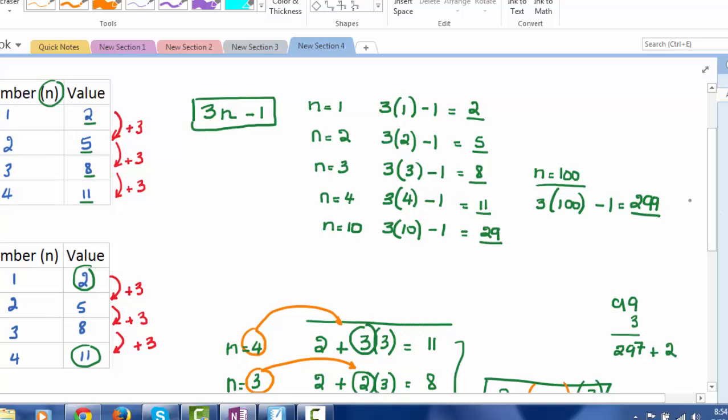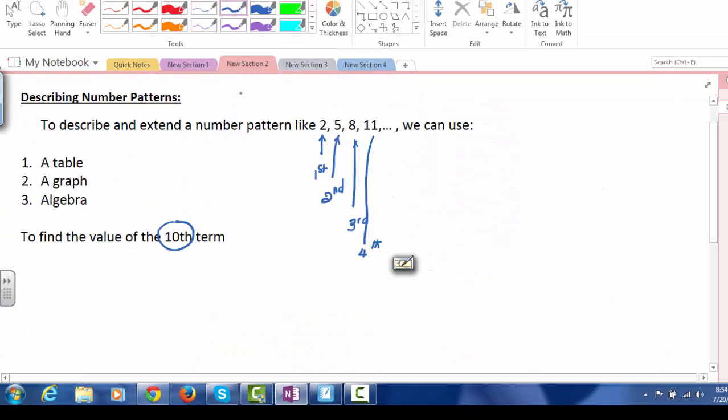The most important part is that we have three ways: a table, a graph, and algebra. We said the table is good only for small numbers, but if I go for term position number 100 or more, it's going to be very hard for me. The graph is not perfect if my drawing is not perfect.